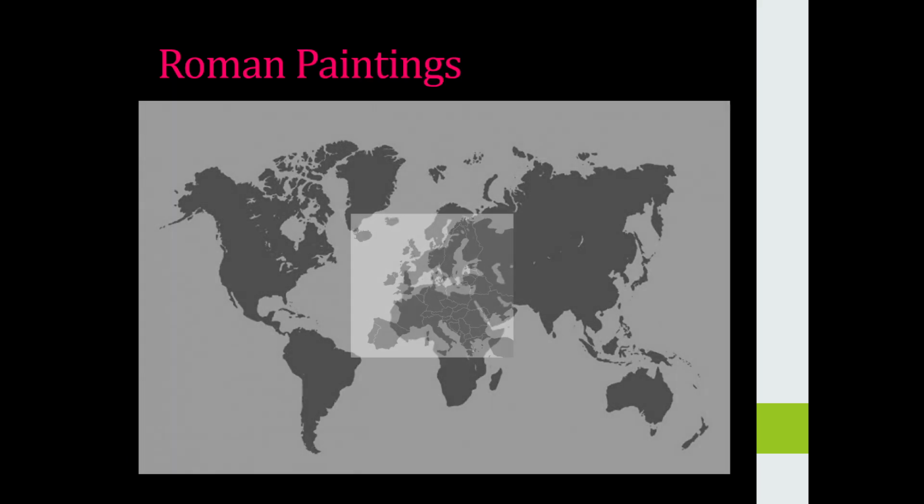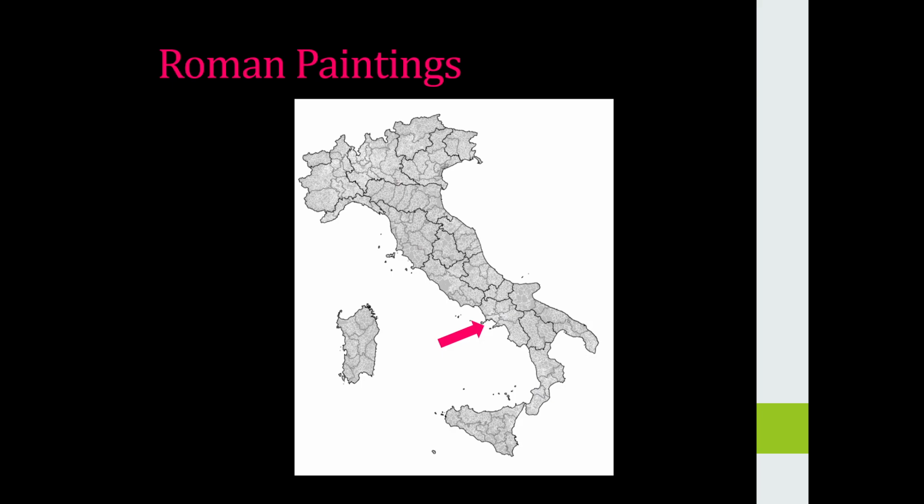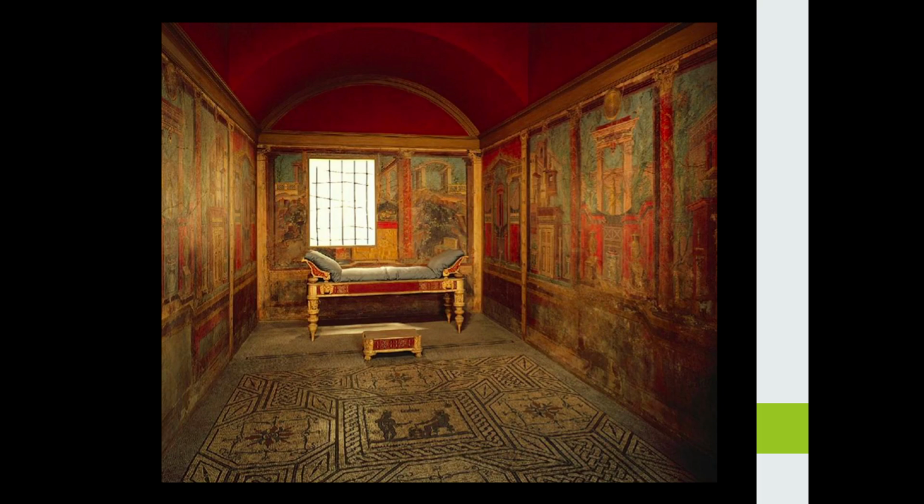So here we go, there's Europe, Italy, and it's about where the location of Pompeii and Herculaneum is. Now, some of the evidence I want to show you is going to be this right here. Several things to point out.